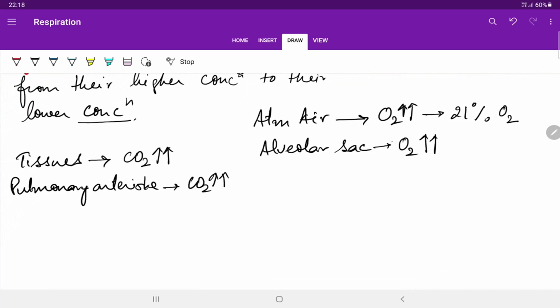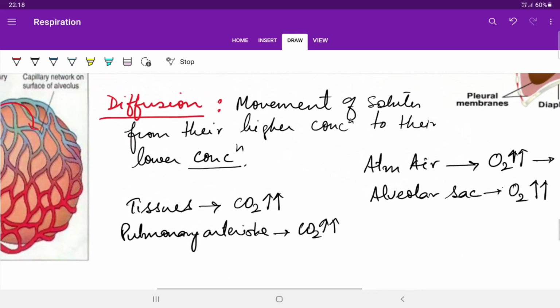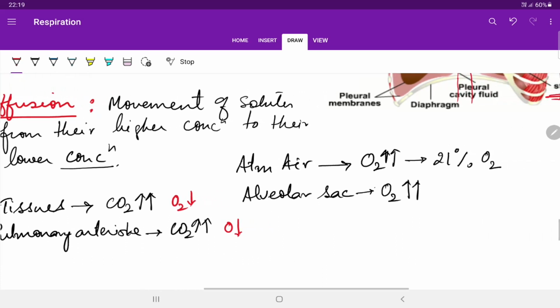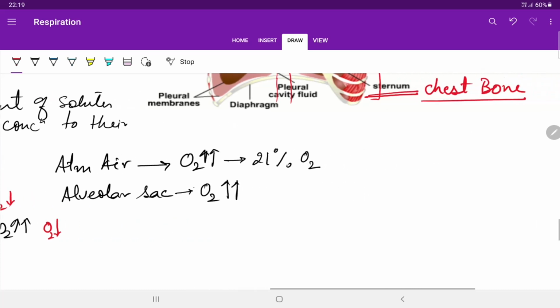Okay. Now, just the opposite happens. If carbon dioxide concentration is higher in the tissue fluid, oxygen will be less. Again, in the pulmonary arteriole, oxygen will be less. And here, the atmospheric air contains 21% oxygen, but carbon dioxide concentration is only 0.03%.